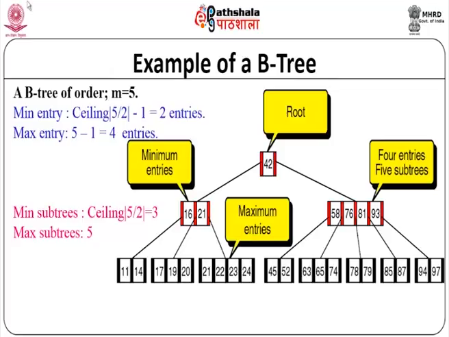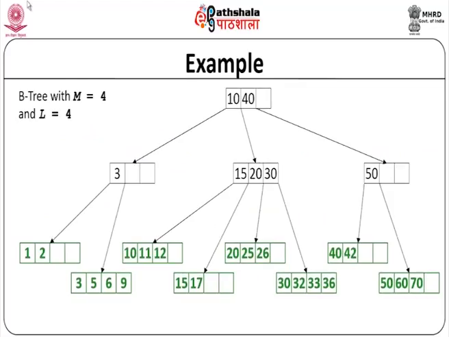So, this is an example. So, you have the root, you have the maximum entries, you have the minimum entries and you have 4 entries for 5 subtrees. So, it is not a 2 3 tree, it is a 5-subtree tree. So, it is a 5-way tree, that is why m is equal to 5.